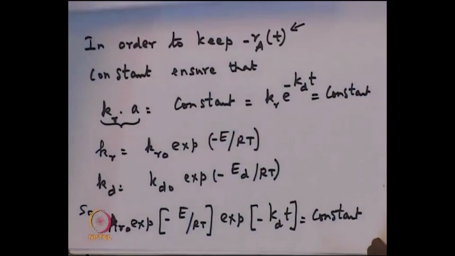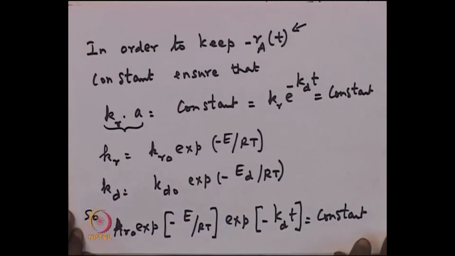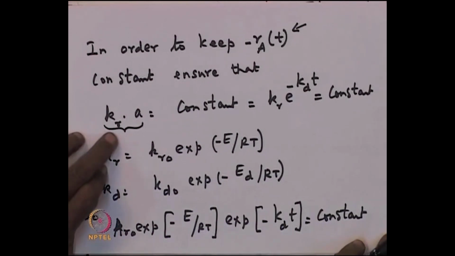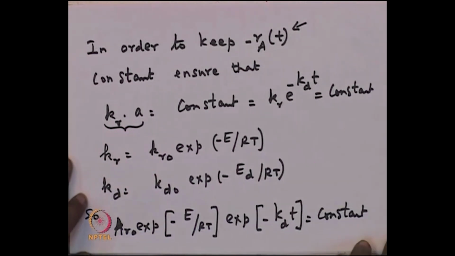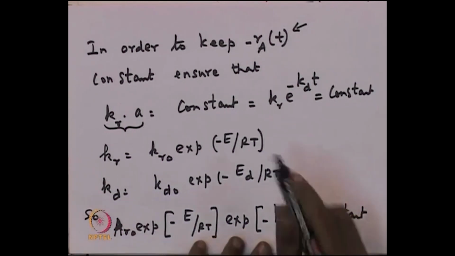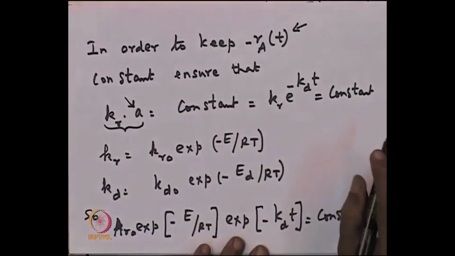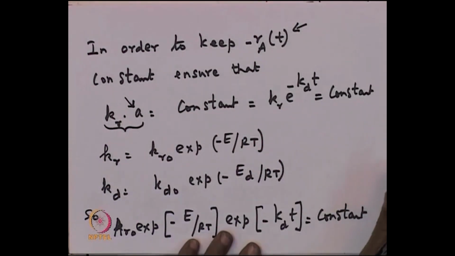In other words, what we are trying to say here is that the strategy for managing deactivation should be keeping this Kr times A constant. Moment we do that, we have a way of managing deactivation. Now, how do we do this? What is being suggested is, if we assume that this A is decaying exponentially, which means what?